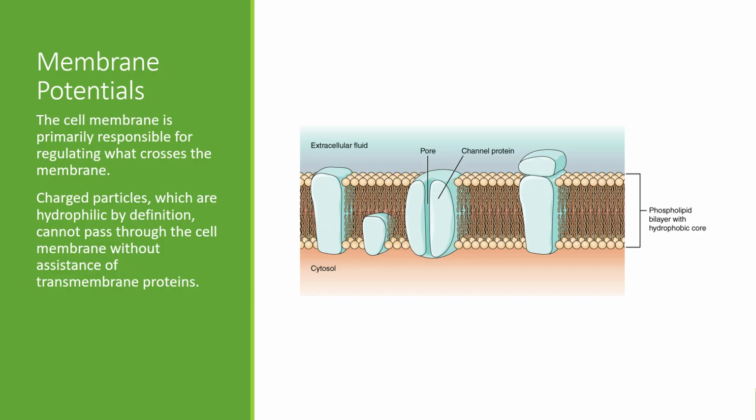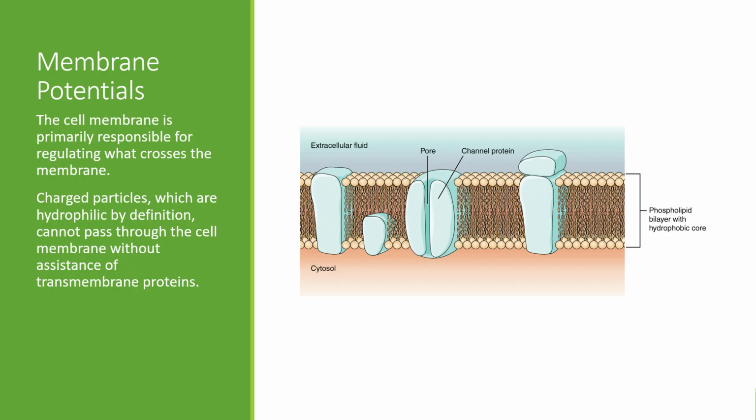So this gets us to talking about membrane potentials. I talked about this a little bit with the cell membrane, and now we're going to talk about this in a much more robust way and understand how cells, particularly neurons, but muscles do this as well, send electrical signals. The cell membrane is primarily responsible for regulating what crosses the membrane.